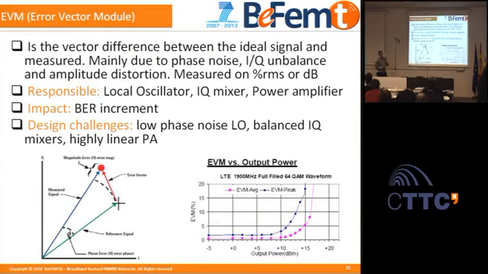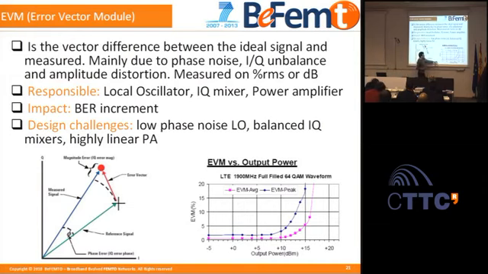We have several contributions to the error vector magnitude. For example, the local oscillator can increase it, the IQ imbalance can increase it, and the power amplifier, which is related to its linearity. If this amplifier is not linear, you can have a large increase of this number.